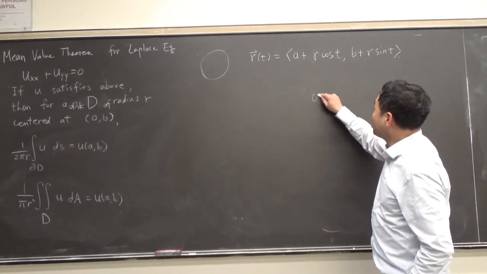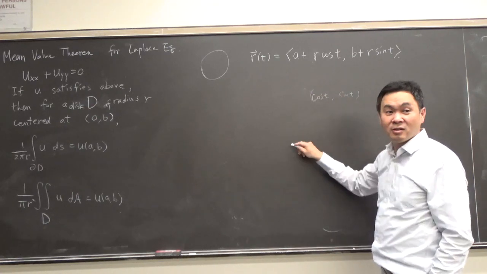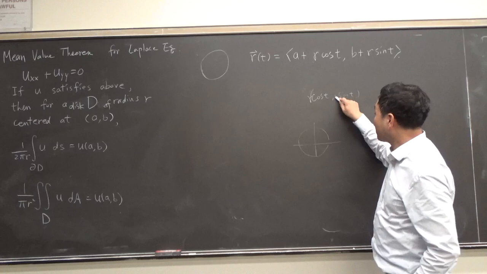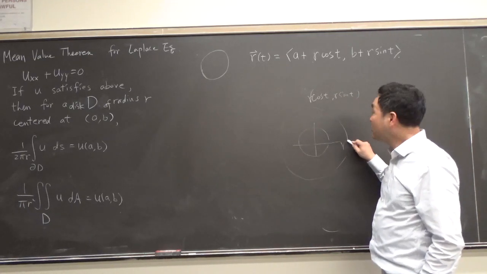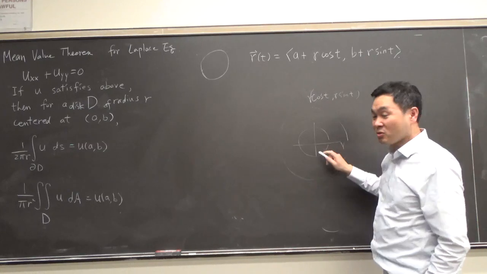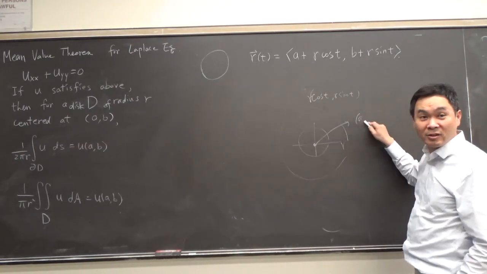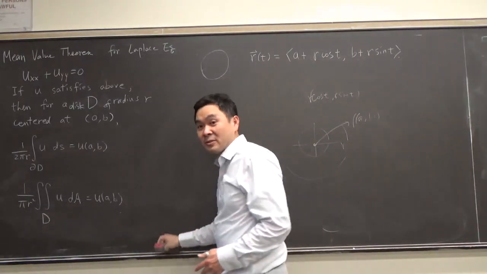Because what's cosine t comma sine t? What does this give you? The unit circle, right? If you multiply by r, what happens? This increases by the radius r, right? And you're adding a and b, what happens? The center 0, 0 now moves to a, b. So that's the parameterization of the boundary of the circle.